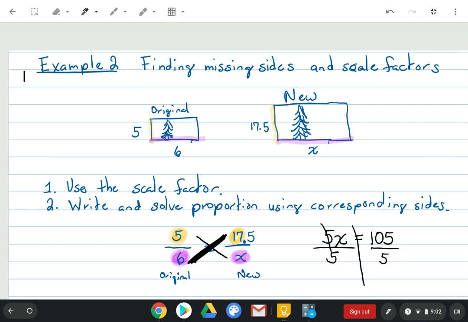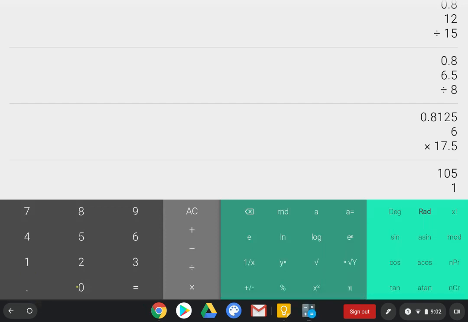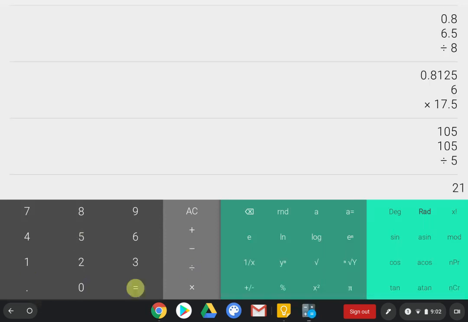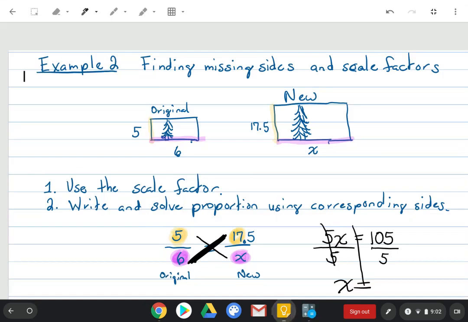So 5 divided by 5 is 1, so we have 1x on the left-hand side, and 105 divided by 5 is 21. So on my new figure, x is going to equal 21, okay?